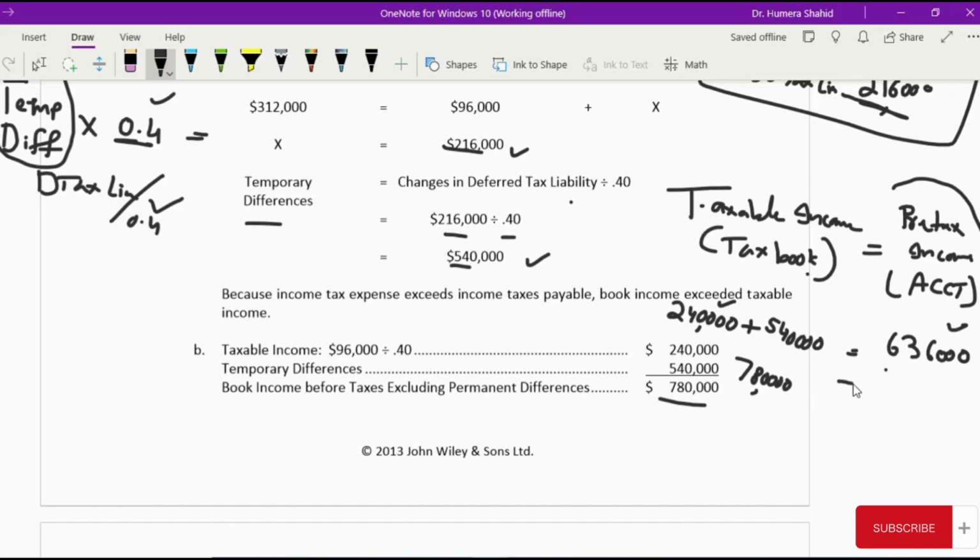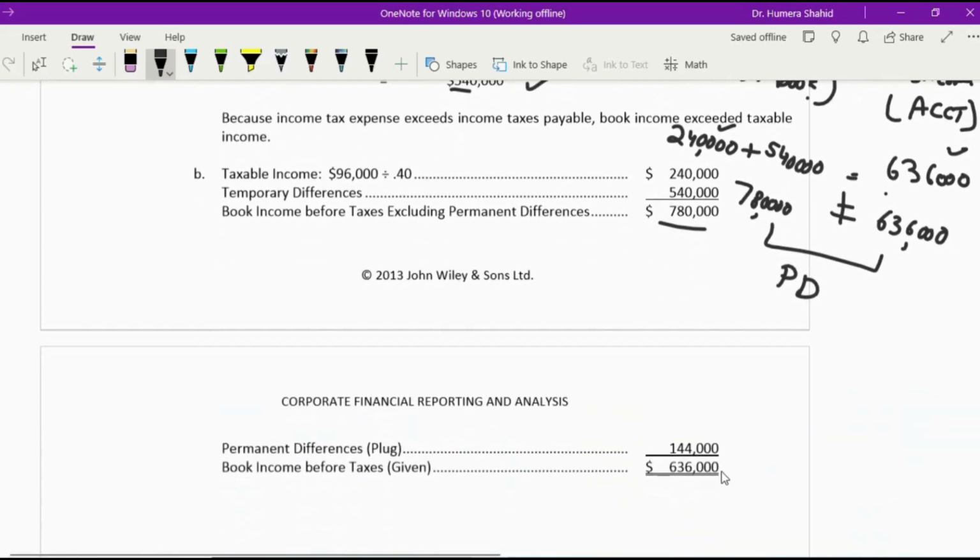It is not equal to the accounting books pre-tax income. So why are they not equal? They are not equal because we still have a permanent difference. The difference between both of them is 144,000. So this is the permanent difference.